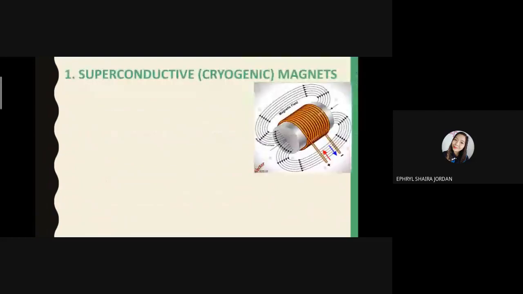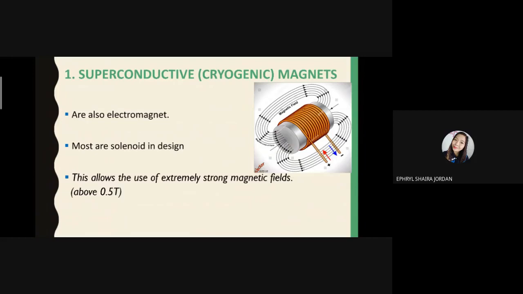First, let's discuss the superconductive or the cryogenic magnets. These magnets are also electromagnets, and most are solenoid in design. By far, the commonly used magnet is the superconducting magnet.